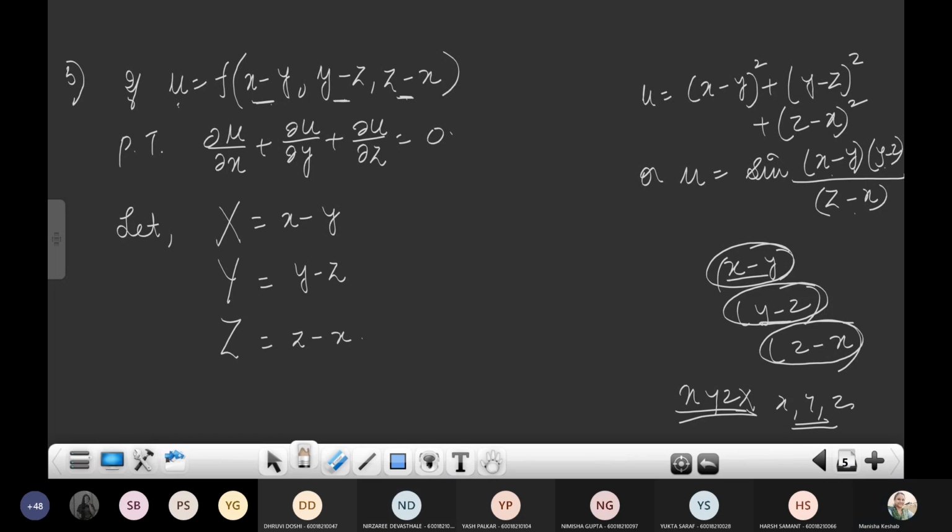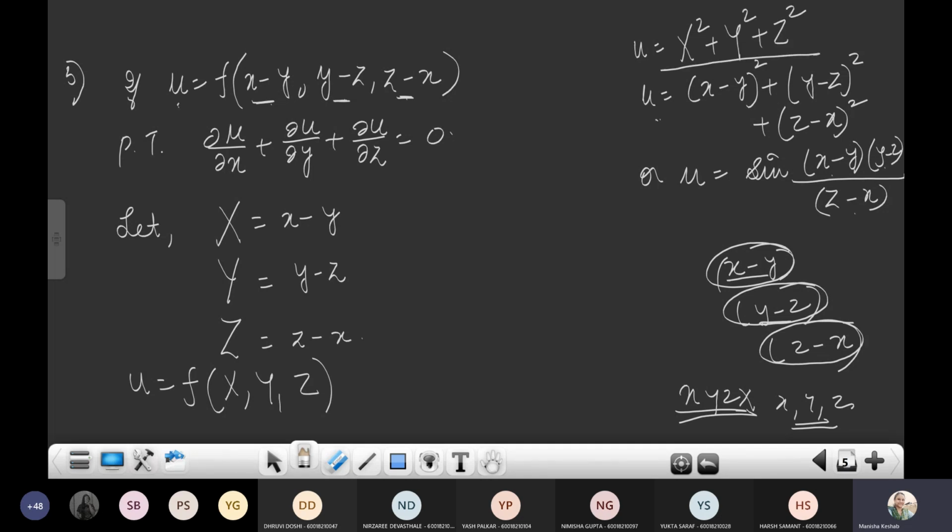Then my function becomes now simple to visualize. तो मेरा u जो है वो u क्या हो जाएगा अभी? u will be a function of X, Y, Z. अगर पहले मेरा u ऐसा था, तो now my u has become what? Simply X square plus Y square plus Z square. तो ये दिखने में मुझे easy लगता है, so that I can easily work with this now. So now what I'm considering is that my u is a function of X, Y, and Z.